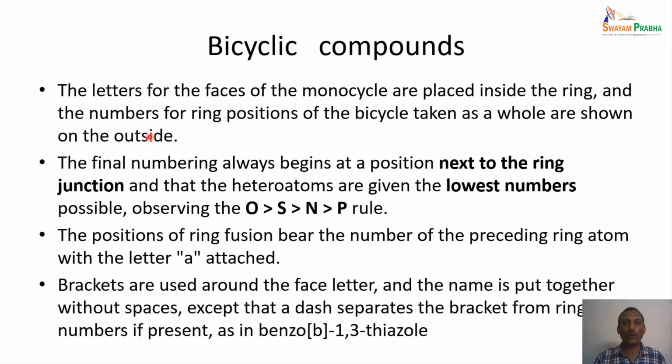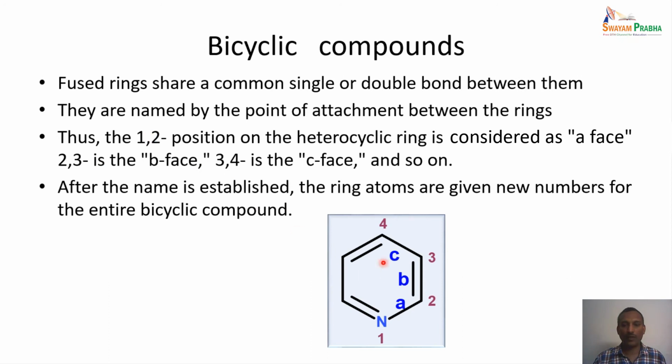So let us go back to the previous one. As we have shown here, the faces are written inside the ring and the numbers are written outside the ring. This is a basic convention that is being followed.